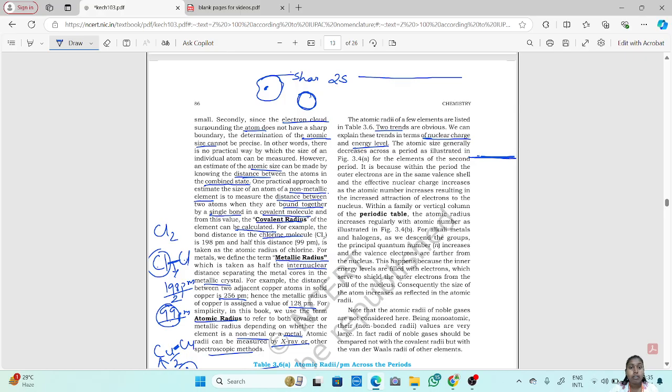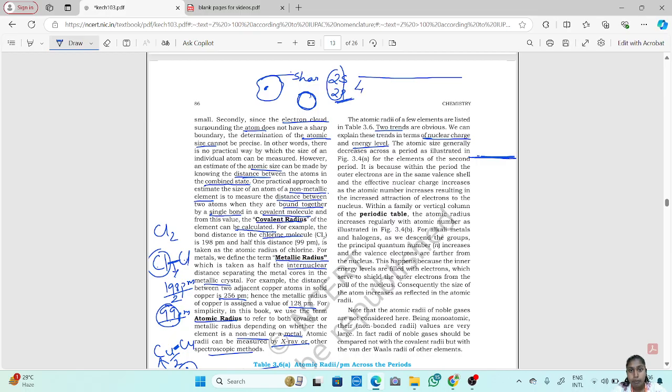The second period has 2s and 2p electrons, so the energy level is 2 only, and you are adding electrons to the same orbital.